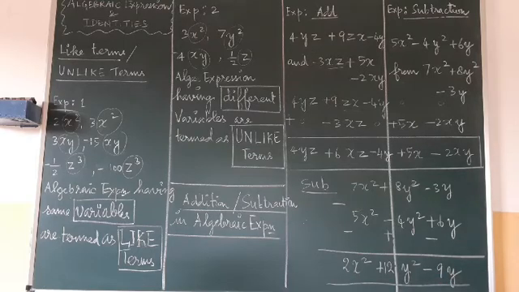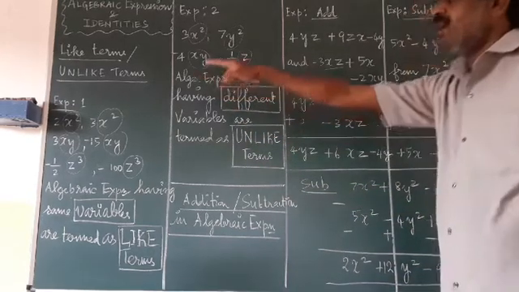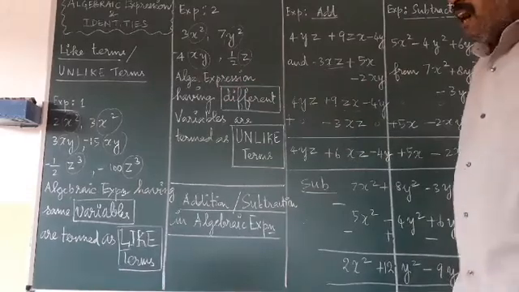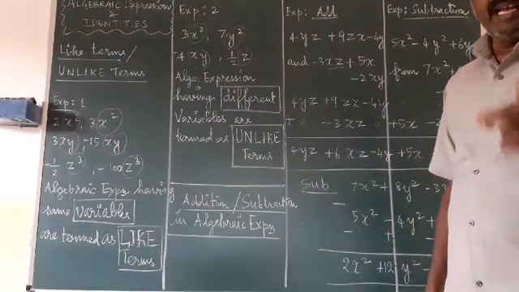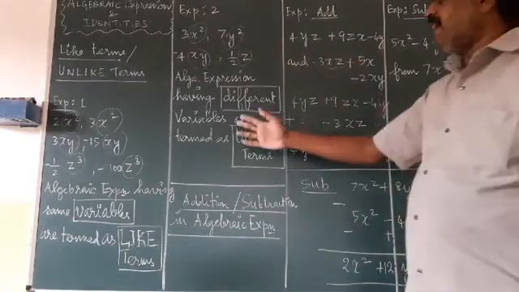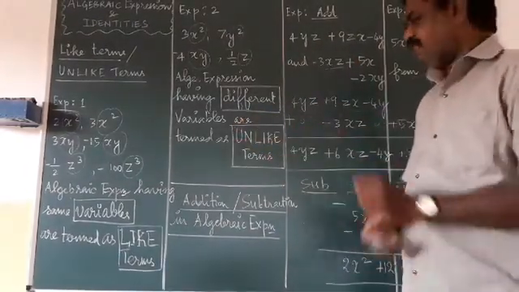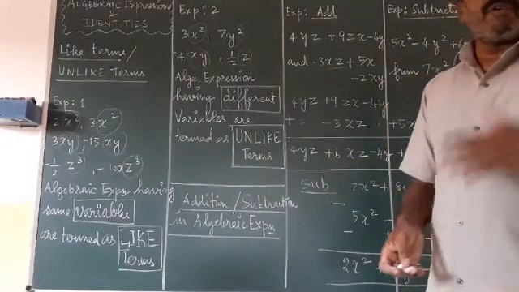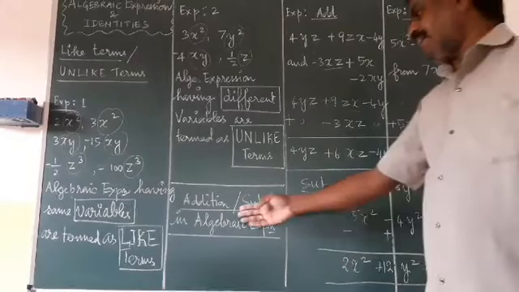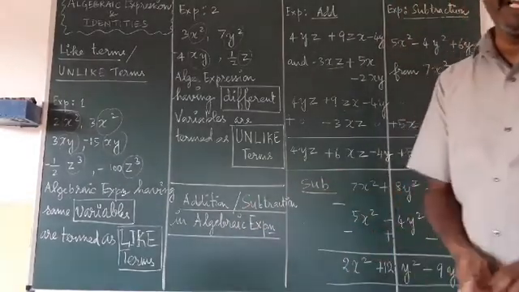So what you have seen here: what are like terms and what are unlike terms. If the algebraic terms have the same variable, they are called like terms. If they have different variables, they are called unlike terms. And using that like term and unlike term idea, for what purpose are we using it? For calculating the addition and subtraction of algebraic expressions.